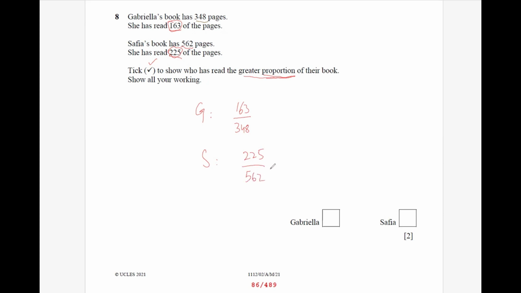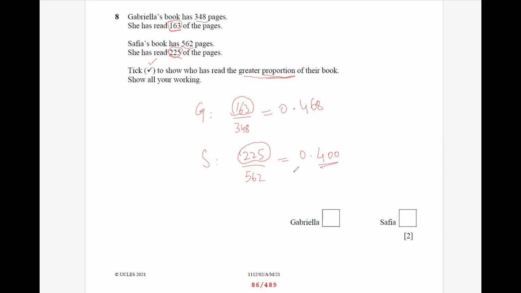If we divide them, we get 163 divided by 348, which is 0.468, and 225 divided by 562, which is 0.400. Now you can see, though Safia has read more pages as compared to Gabriella, the proportion of Safia is smaller.